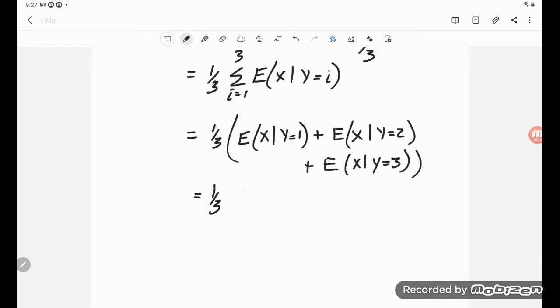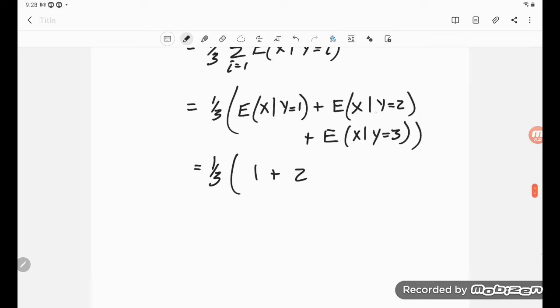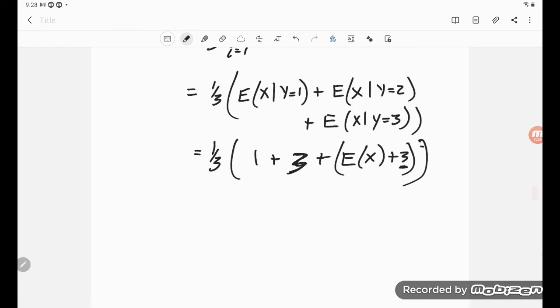The expected time if y equals 1 was 1 hour, plus 3 hours for y equals 2, and then plus, since we get right back to where we started from, the expected value of x plus 2. Oh wait, I got that wrong: it's 3 hours for the second way and 2 hours to go in the loop, and then we're right back where we started, so the expected value of x.